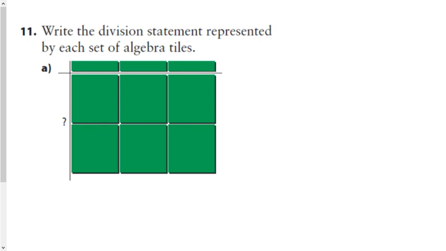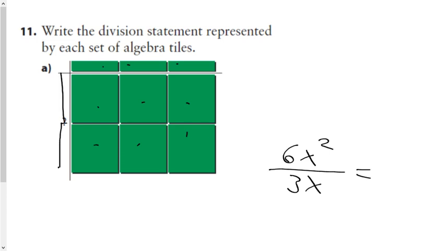So the area, which is 6x squared, divided by the side I know, which is 3x, equals the side I don't know. Are those going to be positive x's or negative x's? Positive x's. So your answer is 2x.